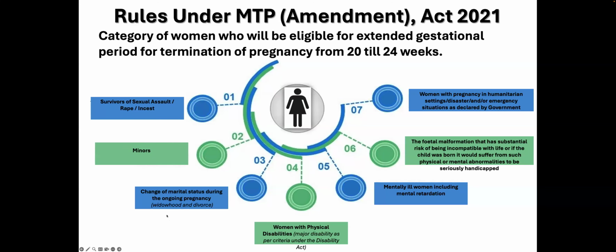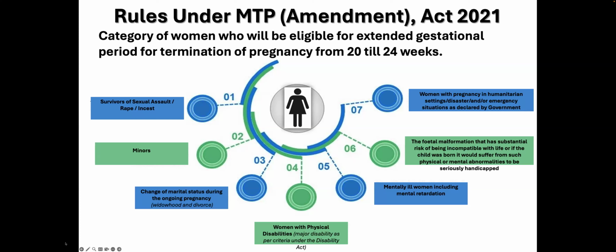So one is the survivors of sexual assault, rape, and incest, minors, change of marital status during the ongoing pregnancy, widowhood to divorce, women with physical disabilities, mentally ill women including mental retardation, the fetal malformation that has substantial risk of being incompatible with life, or if the child is born, would suffer from such physical and mental abnormalities as to be seriously handicapped.